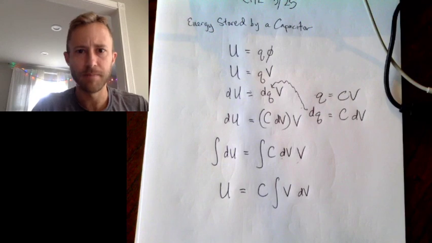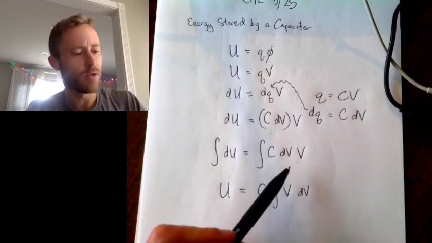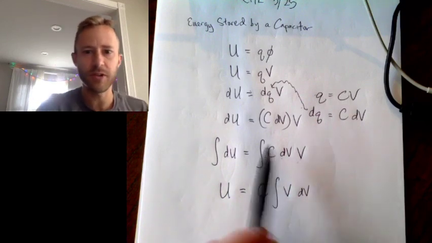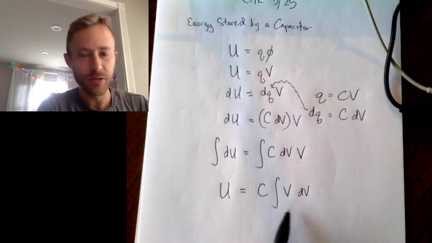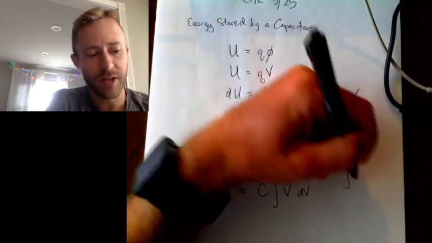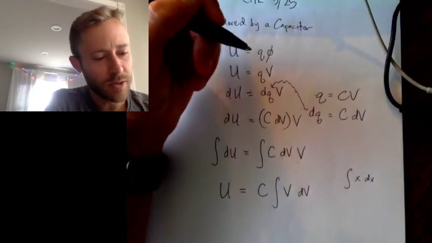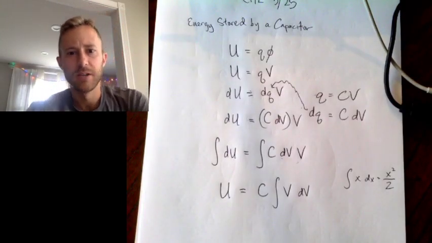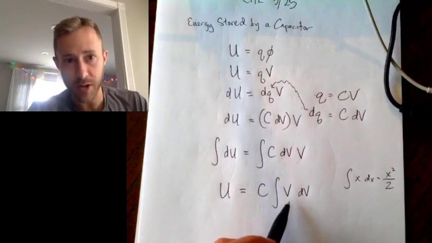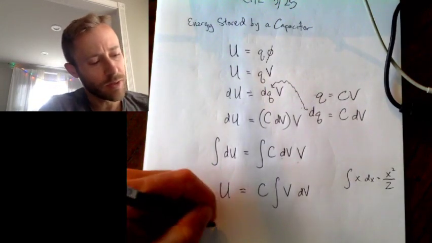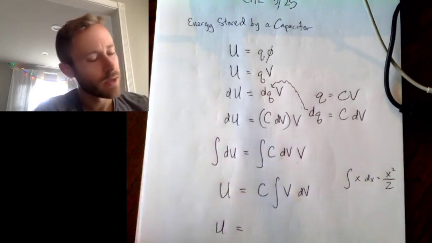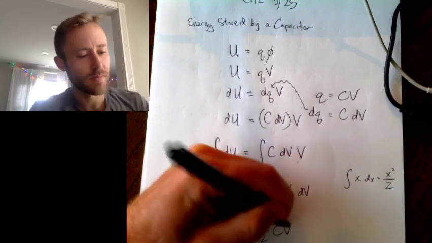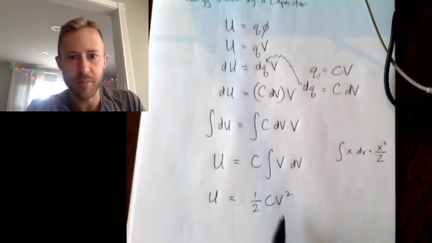I've used the commutative property of multiplication to exchange the V and dV with each other. You can see that this integral is just the same as the integral of x dx, which you know is x squared over 2. So this integral is going to be V squared over 2. And so we get that the potential energy stored in the capacitor is 1/2 CV squared. I move the 1/2 and put it out front.